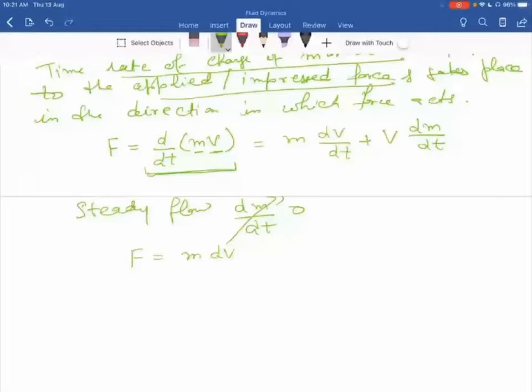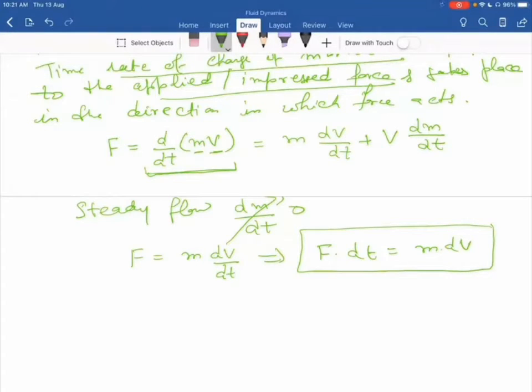So for steady flow, we can write the momentum principle as F equal to m dv by dt, or you can write F into dt is equal to m into dv. Okay. So this equation we call the impulse momentum relation, because F into dt is the impulse and m into dv is the change in momentum.